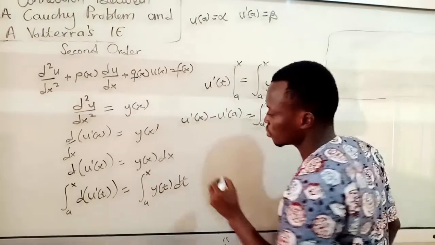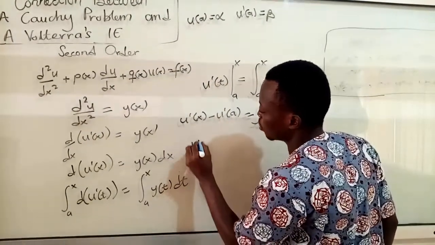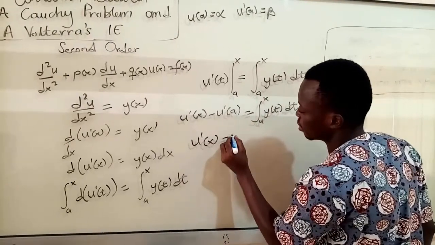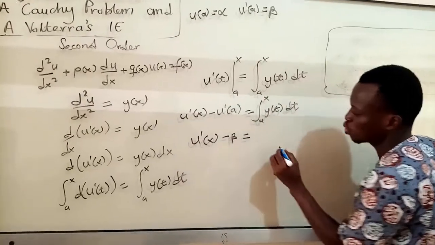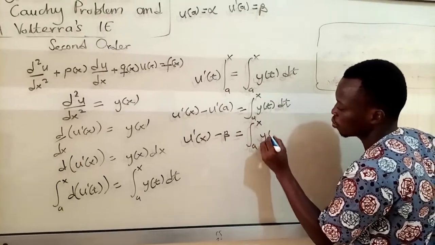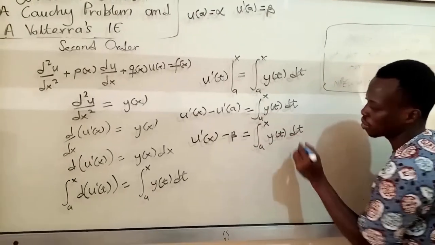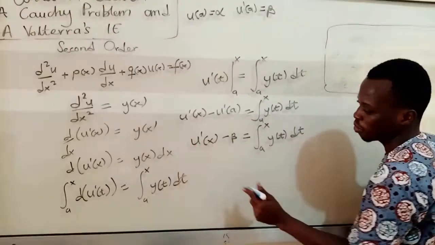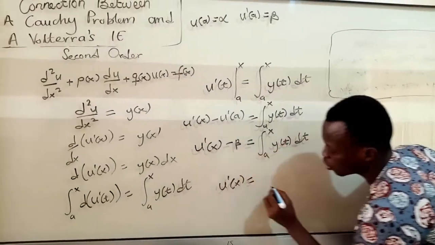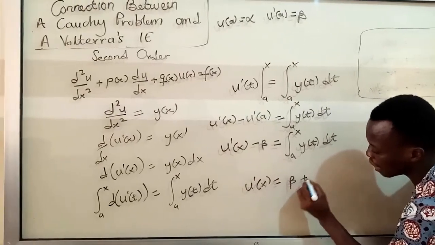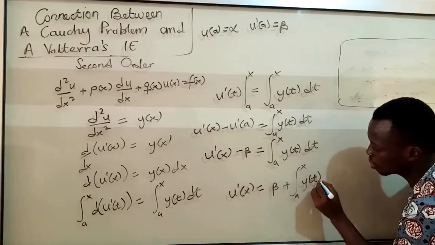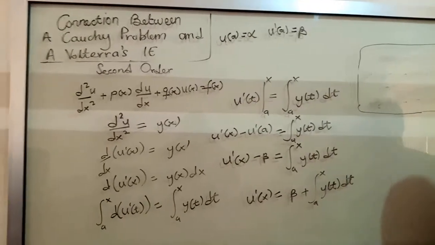I'm going to have u prime of s minus beta equal to the integral from a to s of y of t dt. Let's make u prime of s the subject of the equation. I'm going to have u prime of s equal to beta plus the integral from a to s of y of t dt.